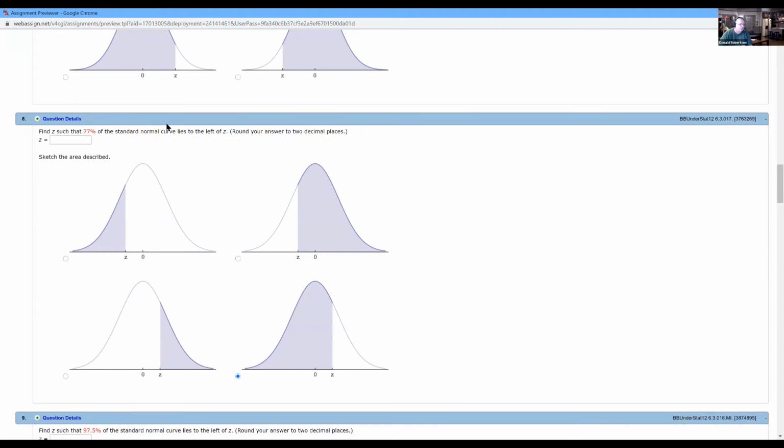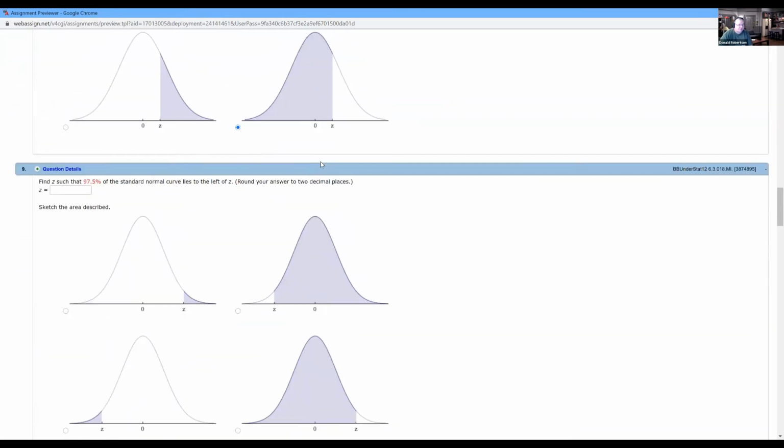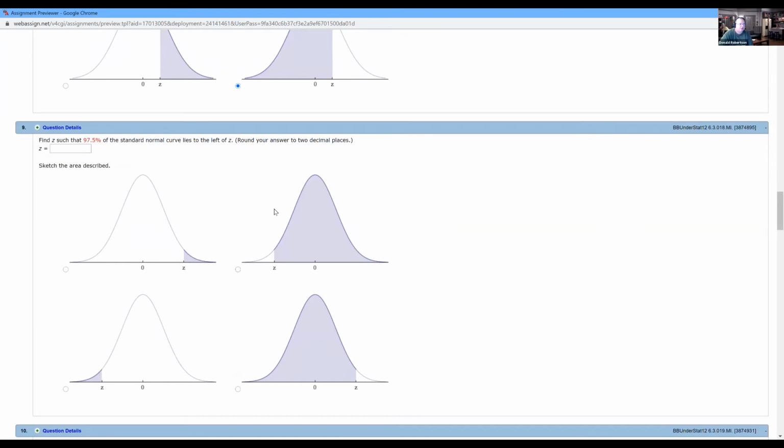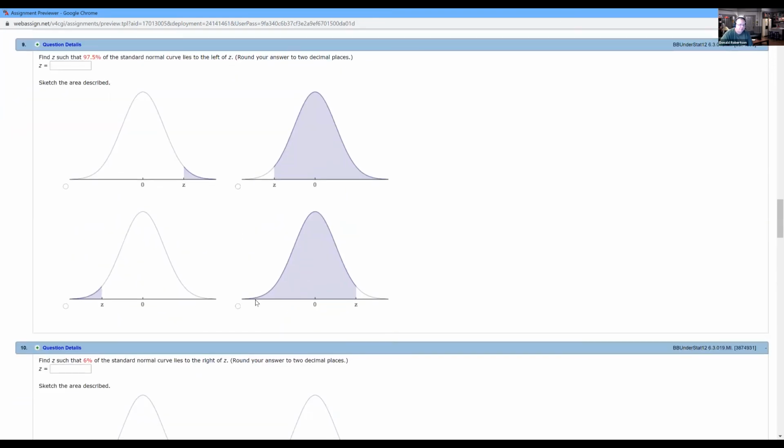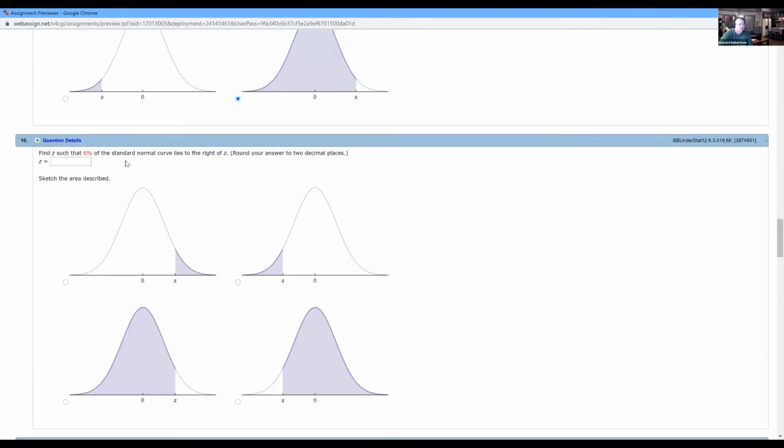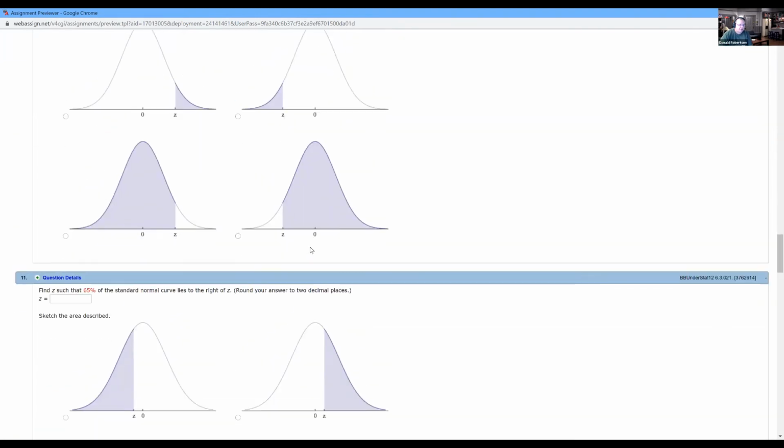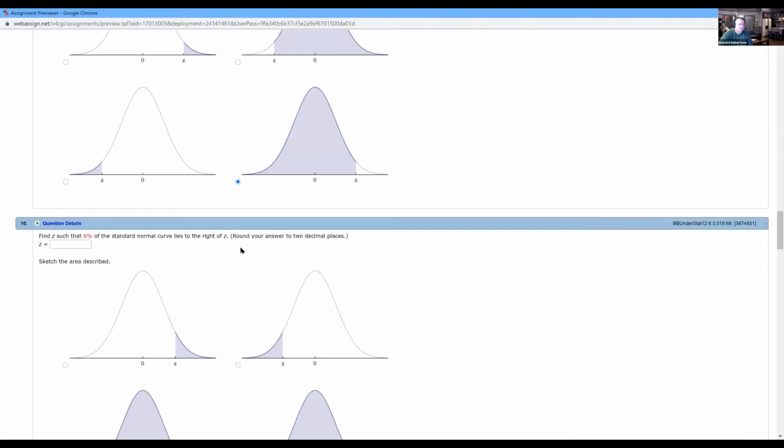Since that one is to the left of, you just use the number 0.77. You wouldn't change it. If it had been to the right of, you would have to do something like that. Now, that's another to the left, so it'd probably be this answer. That's to the right.